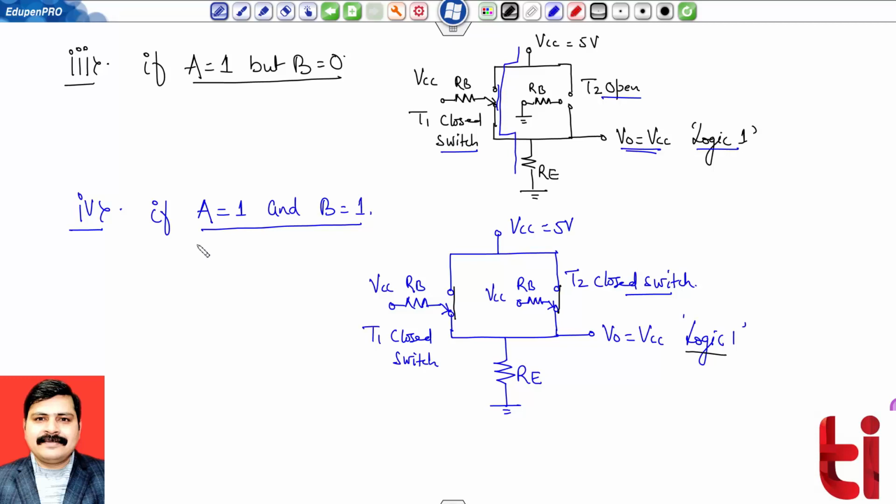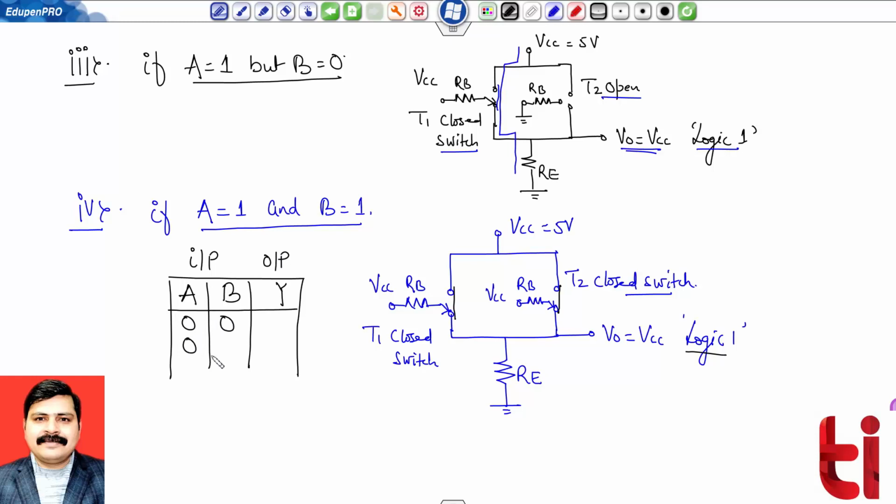Now let's summarize the input and output behavior in the form of a table. If A and B are my inputs and Y is my output, there are a total of four possible combinations which I am summarizing. These are my inputs and this is my output: the 0 0 case, 0 1 case, 1 0 case, and last is the 1 1 case.